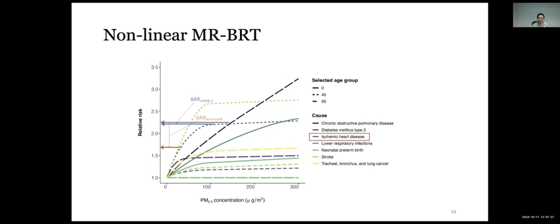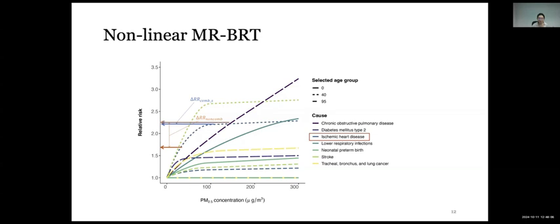And here, this figure illustrates the common shapes of MR-BRT exposure response functions. We can see that most of the MR-BRT splines demonstrated a concave shape, where the slope of the exposure response function is steep when the air pollution is low, and the slope gets flatter and flatter as air pollution increases.